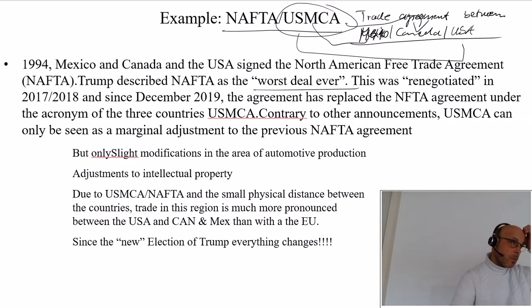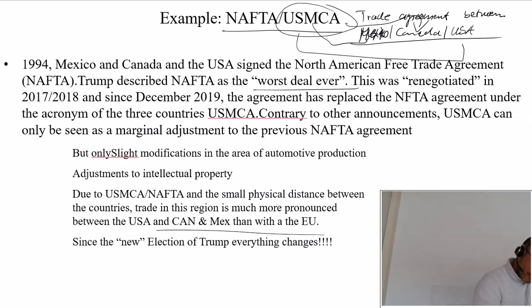But now we know that almost every day he says, well, 25% tariffs for goods of Mexico or Canada, and 2 hours later he has made a call with the president of Canada, and then the tariffs are cancelled.